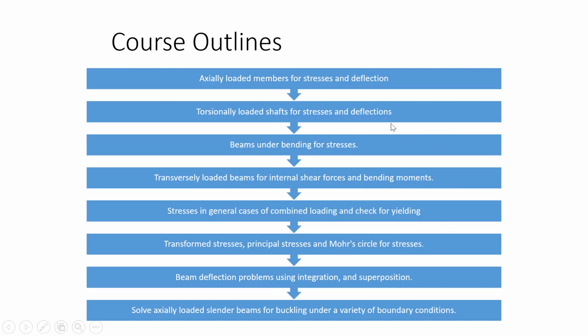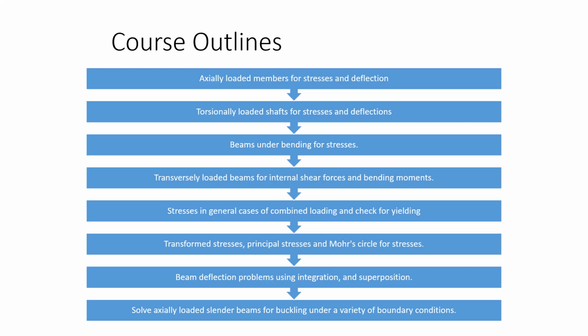Then we will continue if we change the load from axial to torsional. What changes in stress and deflection? Can we use the same formula or not? Or do we have to develop or use another formula?